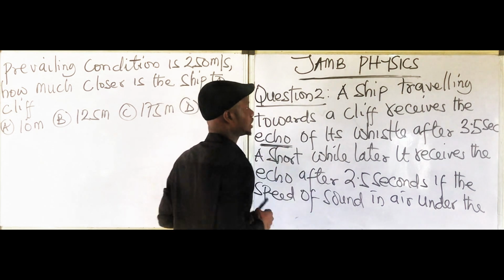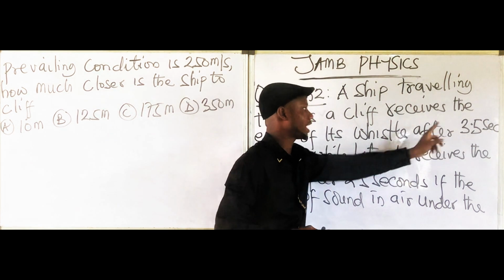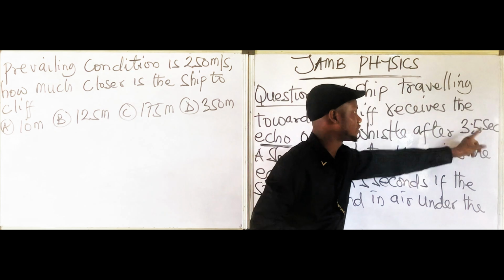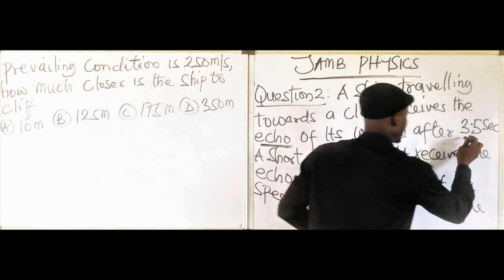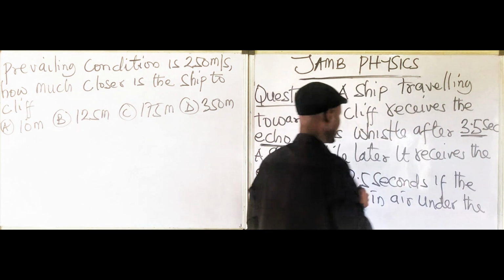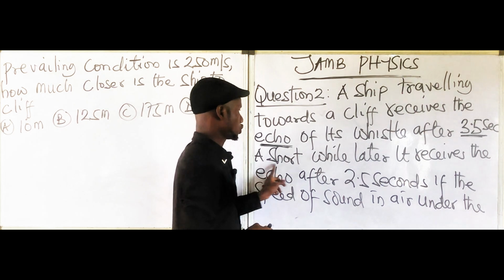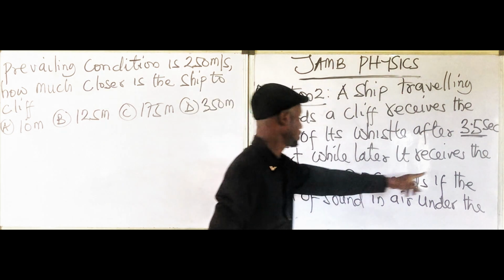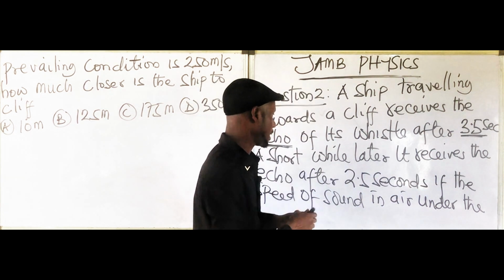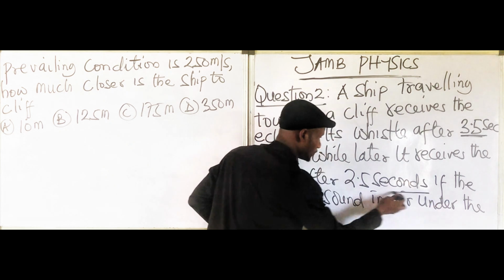They say the echo of its whistle is received after 3.5 seconds, so the time is given to us here for the whistle. A short while later, it receives the echo after 2.5 seconds.